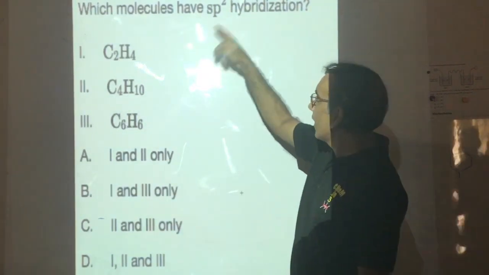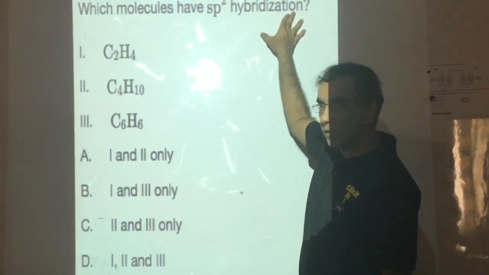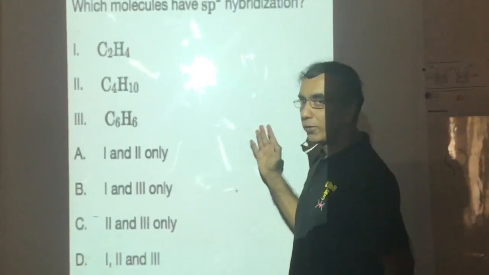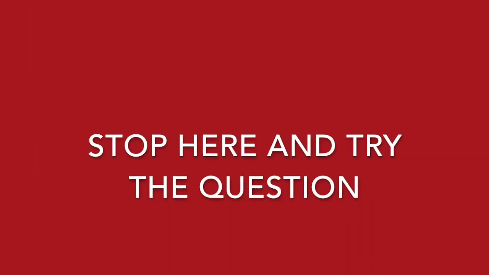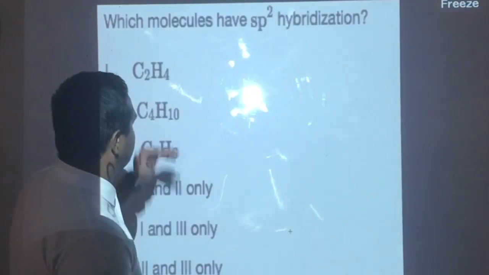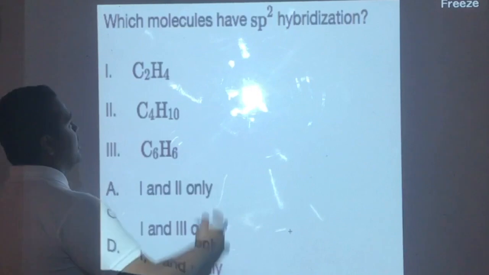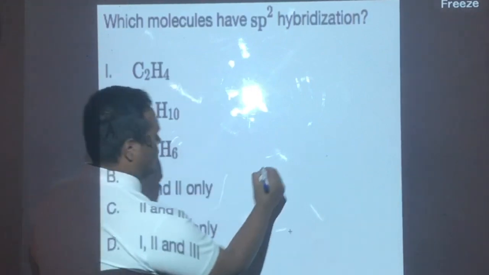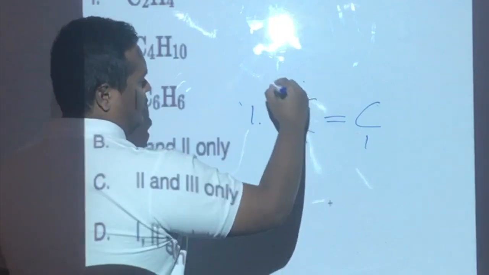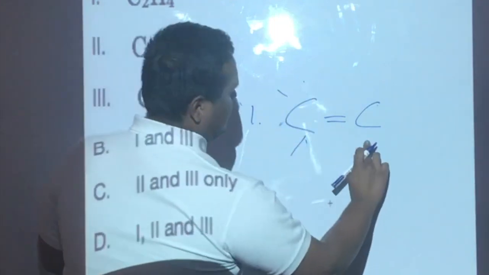So now we have another question. Which molecules here have sp2 hybridization? And Debaria is going to explain to us exactly how to arrive at the answer. For this question, we of course need to draw out the structural formulas. So I'm just going to start with C2H4, a double bond here, and therefore the 4 hydrogens.